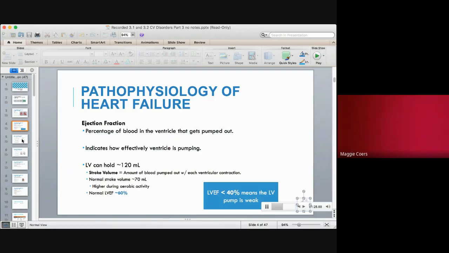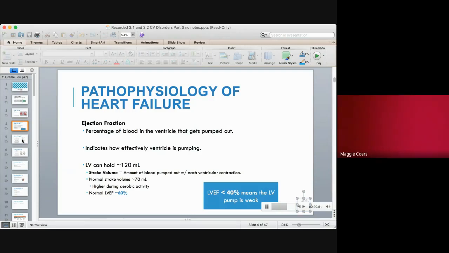So in a healthy heart, let's just say that your ventricle holds 120 milliliters of blood. The stroke volume, which is the amount of blood pumped out with each ventricular contraction, is the actual amount of blood pumped out, or 70 milliliters, because remember, ejection fraction is a percentage. So the left ventricle can hold 120, and our stroke volume pumps out 70 milliliters.